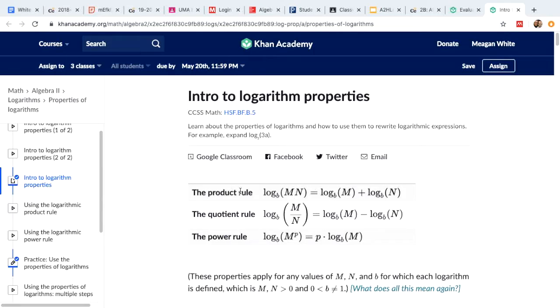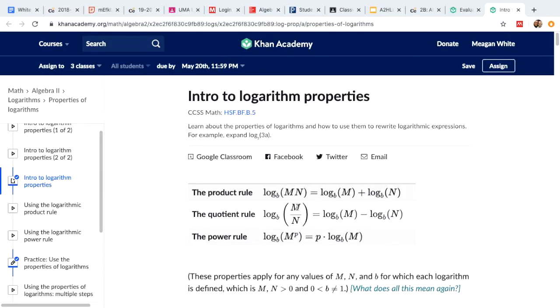Again, the product rule tells us if we're multiplying 2 things in our of piece, we could expand it to be an addition problem. If we were given an addition problem, we could condense it to be a multiplication problem. So this goes both ways. We could make it larger by expanding it to a plus, or we could make an addition problem smaller by making it a product. They both work both ways.